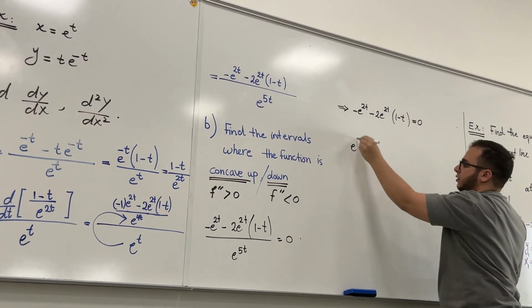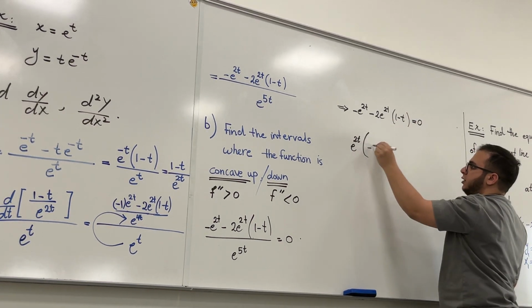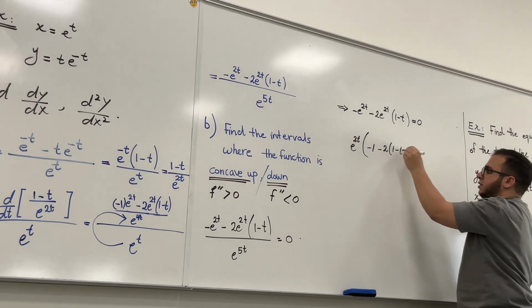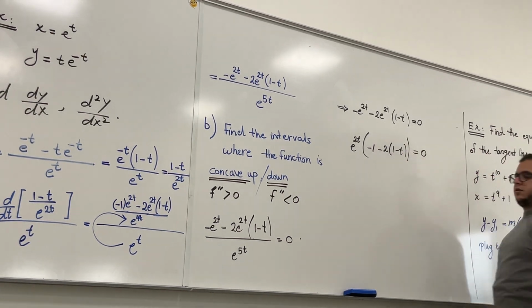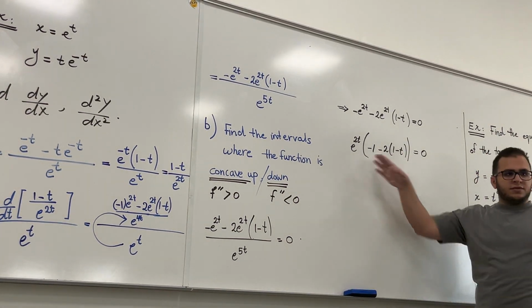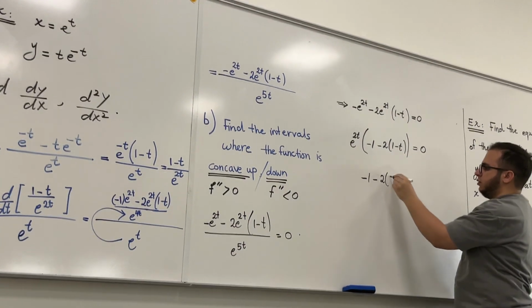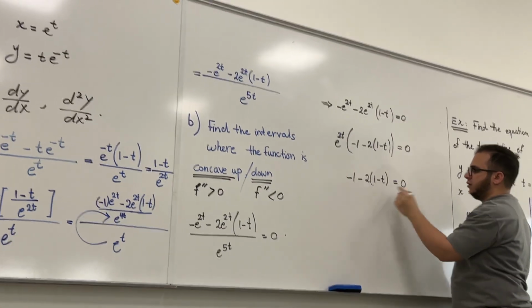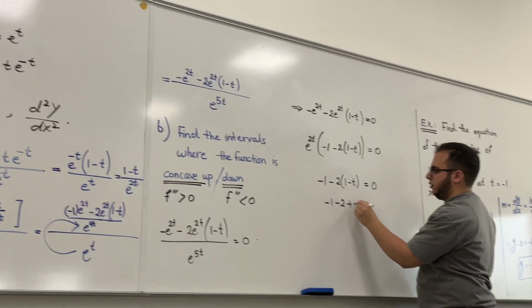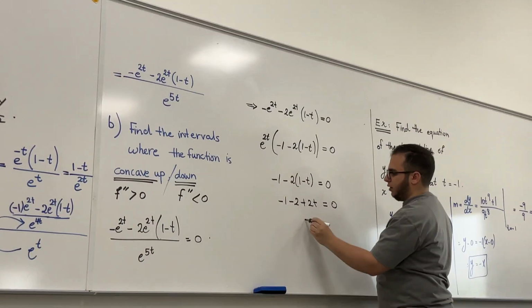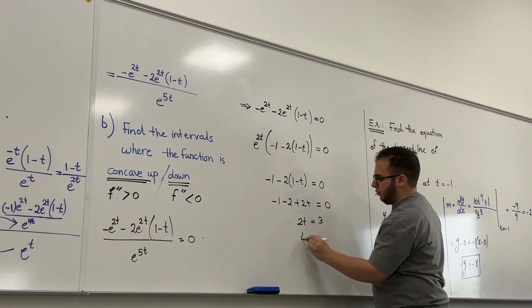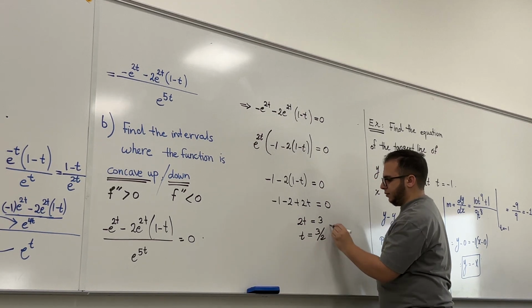Take e as a common factor. You have minus 1, minus 2, 1 minus t equals 0. Again, this is never 0, so you can divide it on the other side. Simplify here. So you get t equal to 3 over 2.